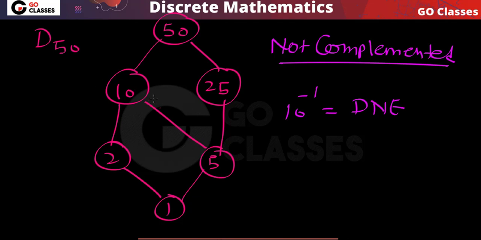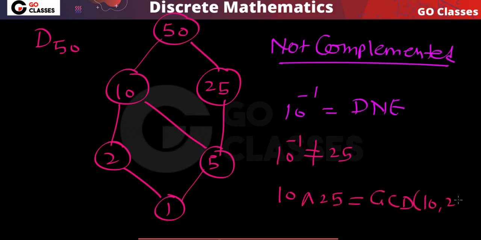The complement of 10 cannot be 25, because if you find the GLB of 10 and 25, that will be the GCD, and the GCD of 10 and 25 is 5, which is not equal to the least element. So for 10 and 25, the GLB will not be the least element. That's the reason I can say the complement of 10 does not exist.